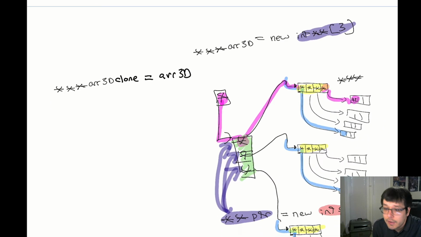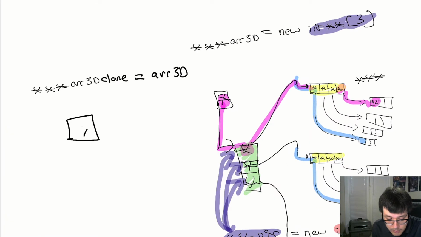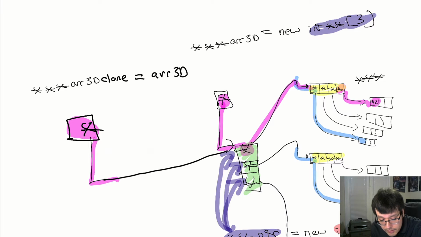I'm making another purple pointer and I'm simply copying this pointer value, this address. Whatever the address of this spot is, the first element of that, that's all I'm copying. So literally, I'm taking this and copying it over here. But all this is still just pointing there.